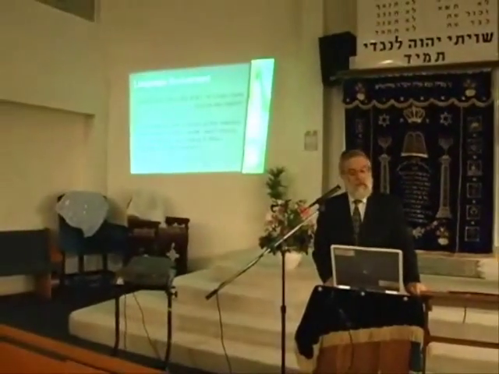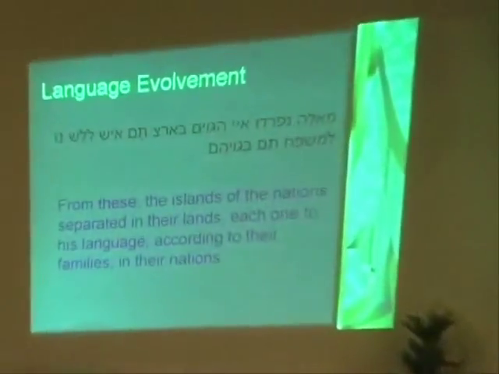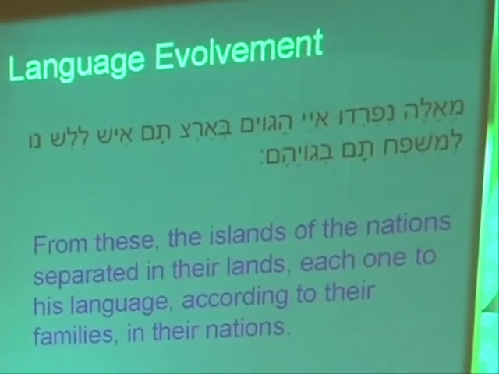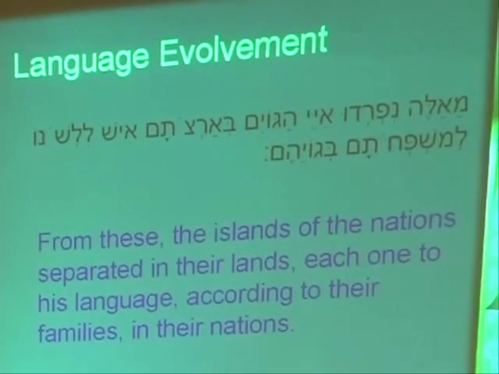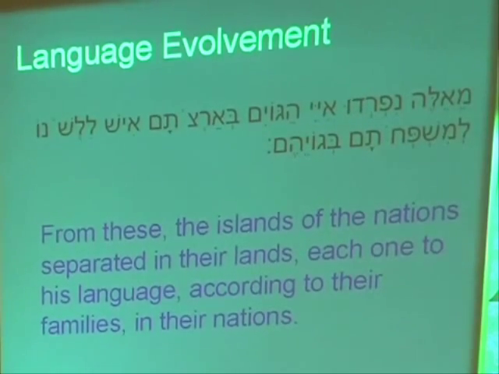We find in describing the various families during the time of the Mabul, especially after the 3 sons of Noah come out, they are the only survivors, they form new families. It says very clearly that from the children of Noah, from these, the islands of the nations separated in their lands, each one to his language according to their families in their nations.